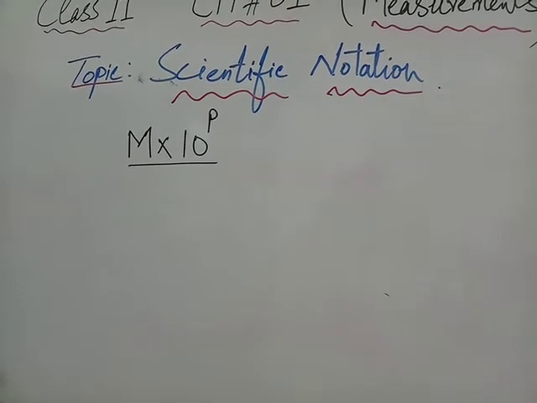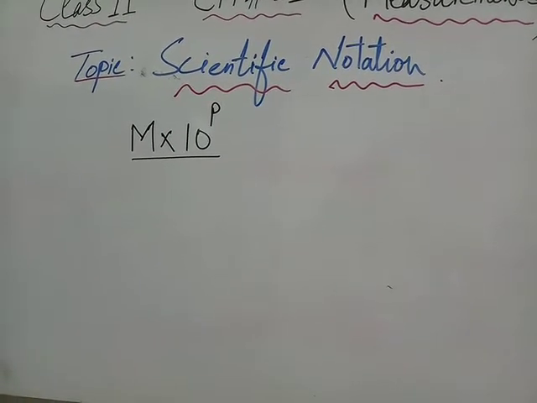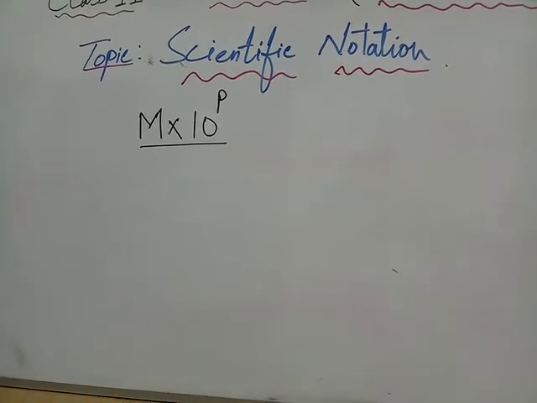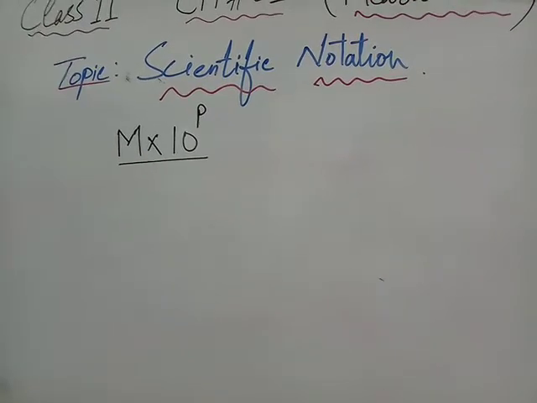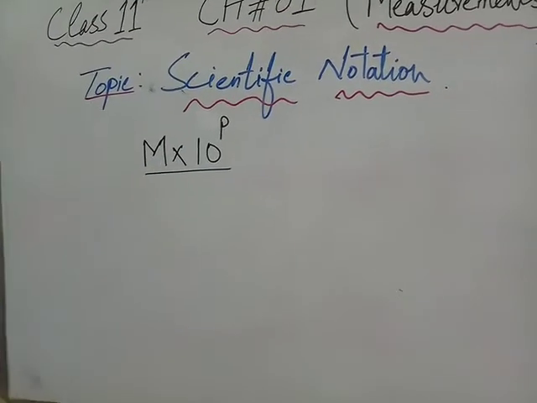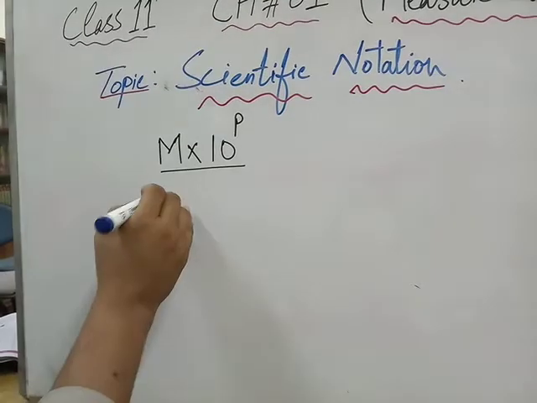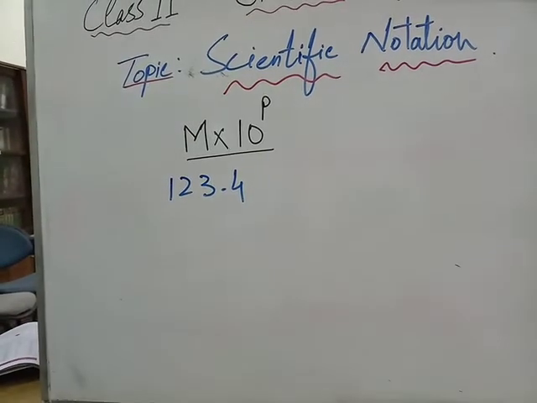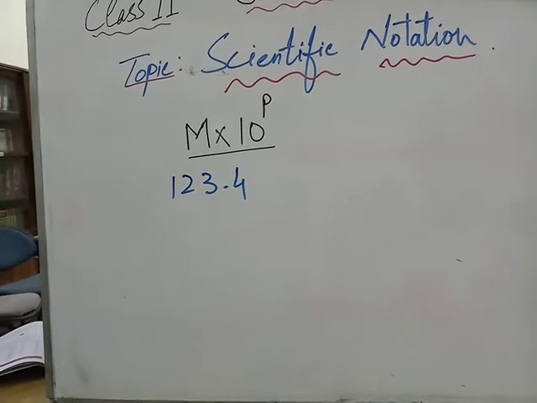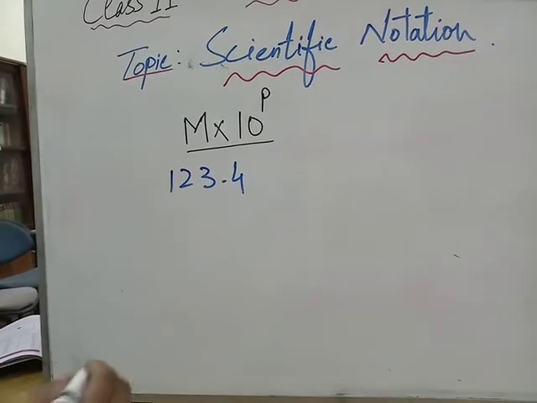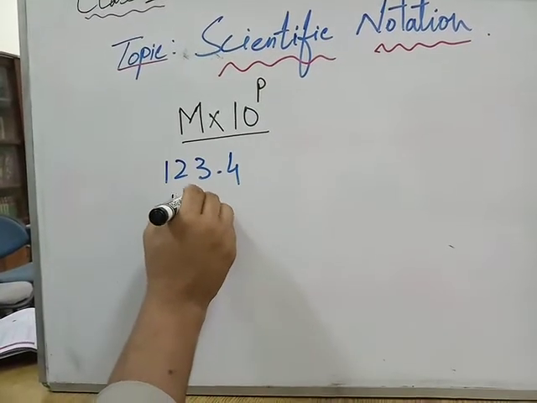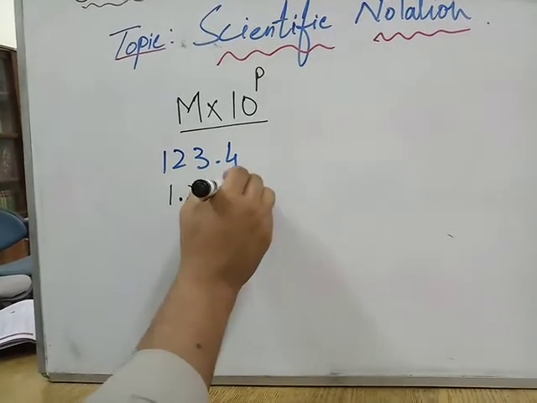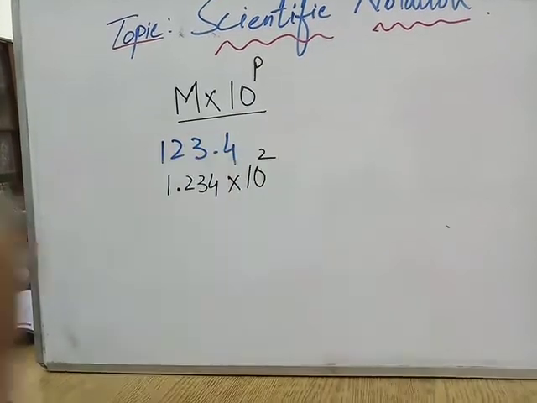The internationally accepted form must have one non-zero value to the left of the decimal point while writing numbers in scientific notation. If we have a number 1234, it should be written as 1.234 into 10 raised to power 2.